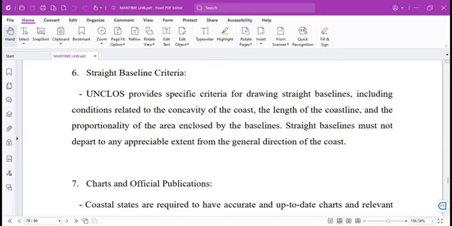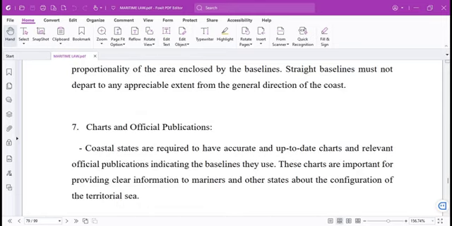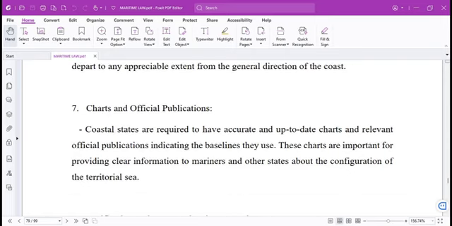Charts and official publication. Coastal states are required to have accurate and up-to-date charts and relevant official publications indicating the baselines they use.